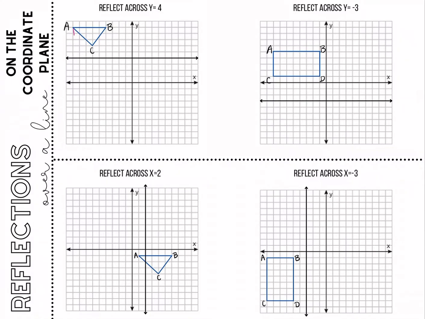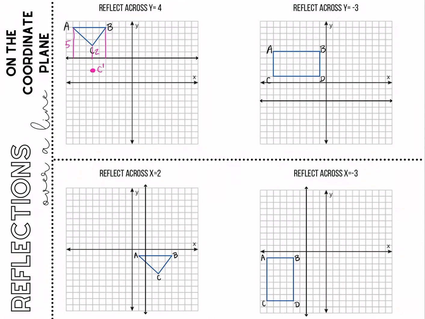And so this is 1, 2, 3, 4, 5 spaces to y equals 4, and this is 2 spaces, and this is 5 spaces. So now what we're going to do is count from this line the same amount of spaces away from it. So 1, 2, that's going to be C prime.